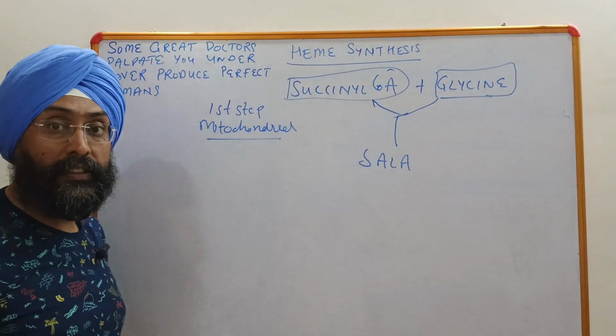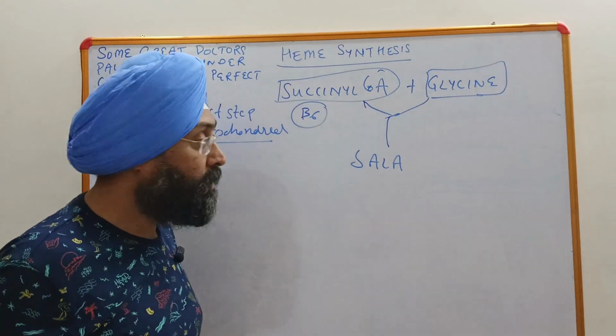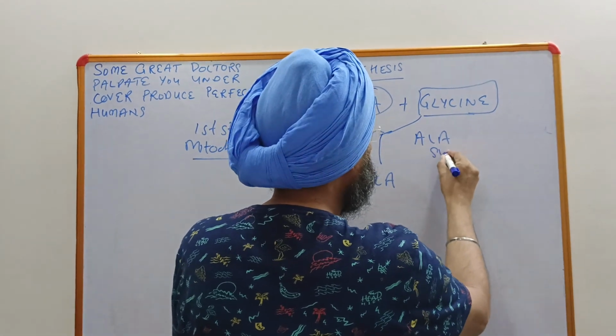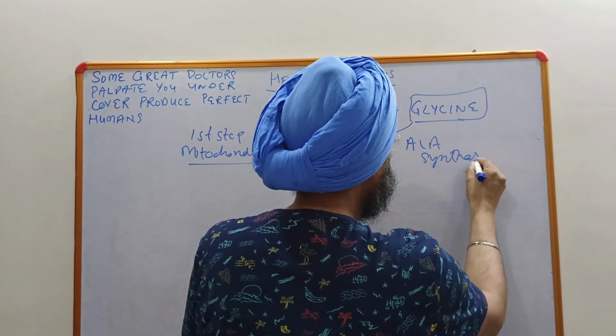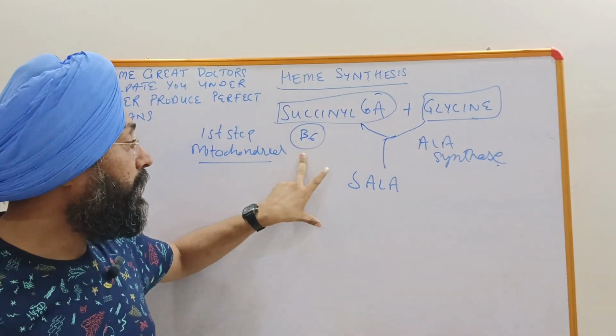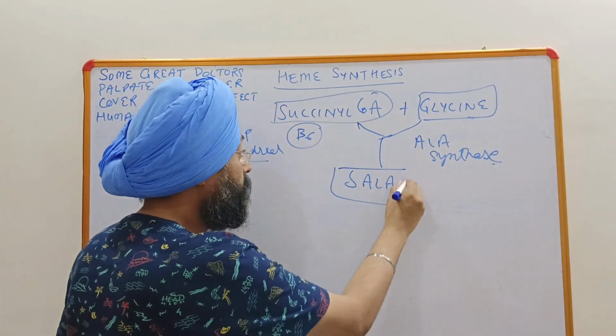right? And this step requires vitamin B6, right? And the enzyme is ALA synthase, right? So B6 is the vitamin that is required for the synthesis of delta amino levulinic acid, right?